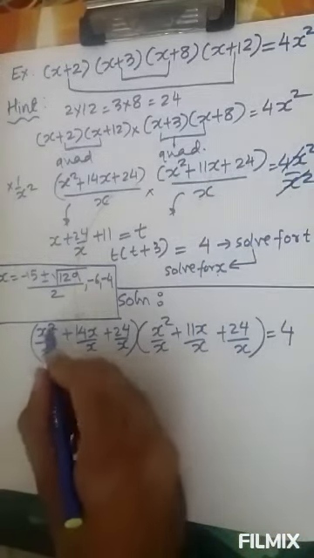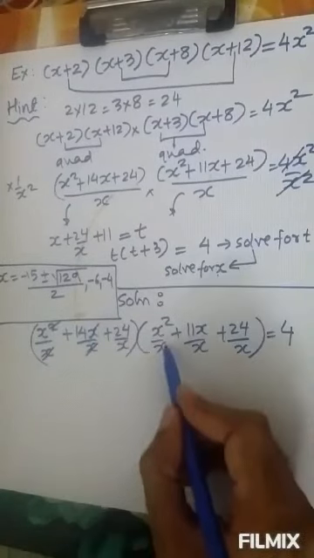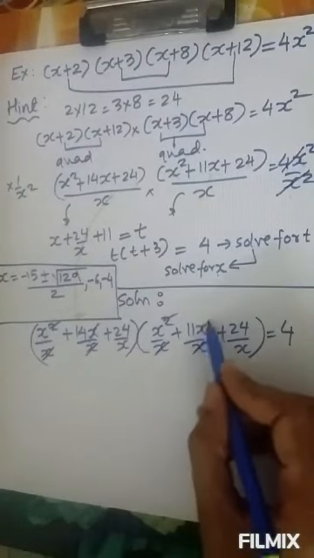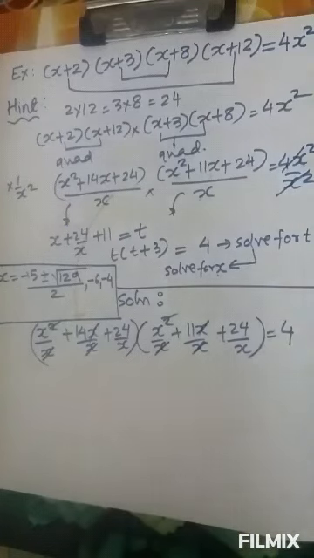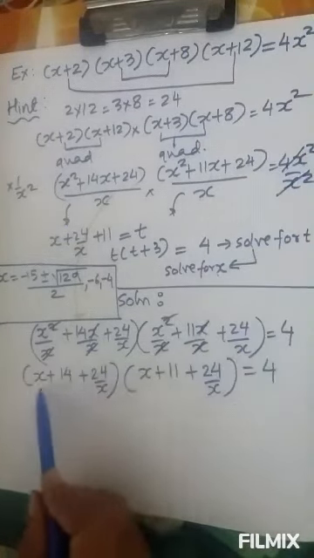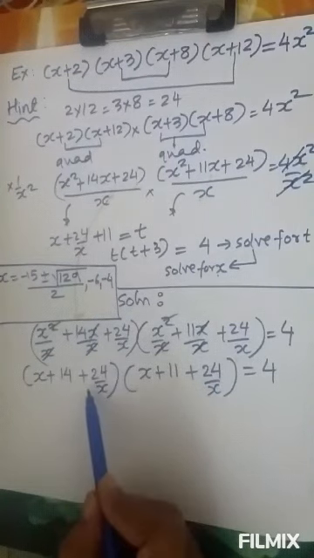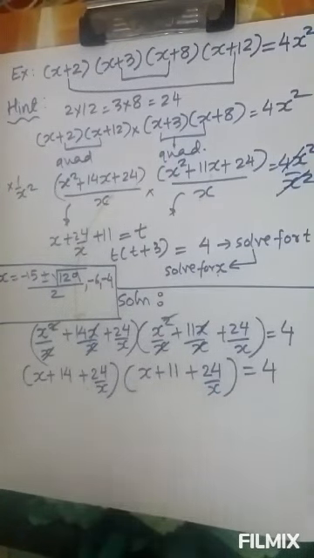So this x cancels with this, x cancels out, x again cancels, this x also cancels out. So in the next step it looks like this. The next step, after cancellation, it is like this, 14 and so on.